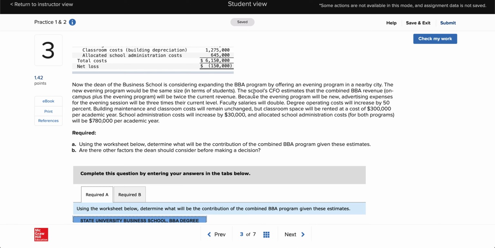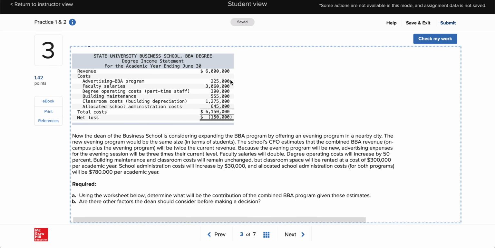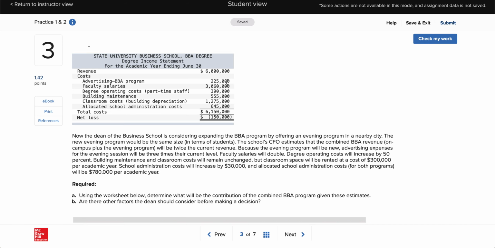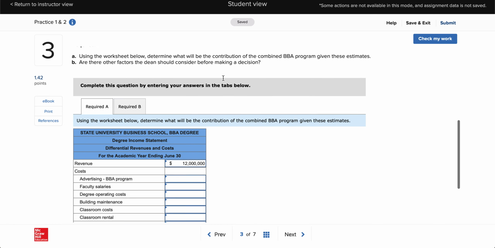Advertising expenses for the evening session would be 3 times their current level. So the current level is 225,000, and they're saying that the advertising for just the BBA program would be 3 times that amount. So they're looking at taking this amount plus 3 times that amount. That's how they're intending for this to be worded in this case.